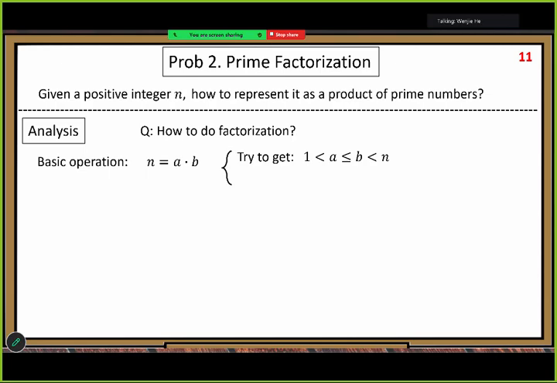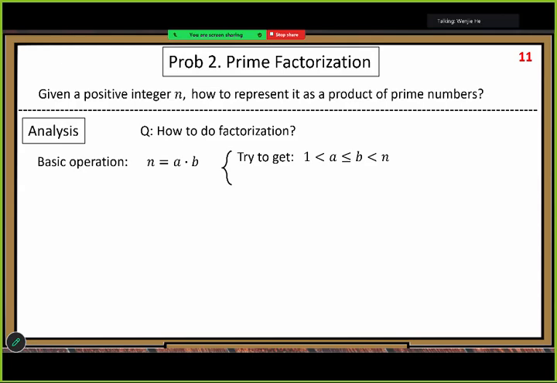When we do factorization, we want to see if it is possible to find 2 factors, A and B, satisfying this inequality: 1 strictly less than A, less than or equal to B, strictly less than n.